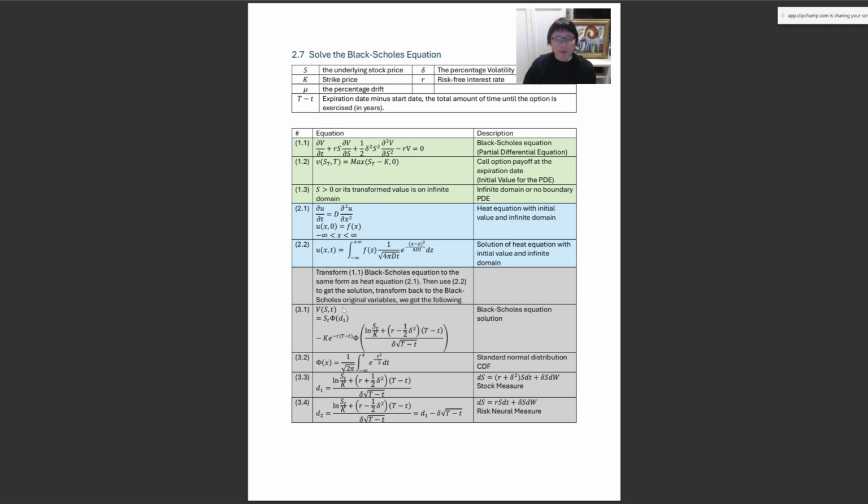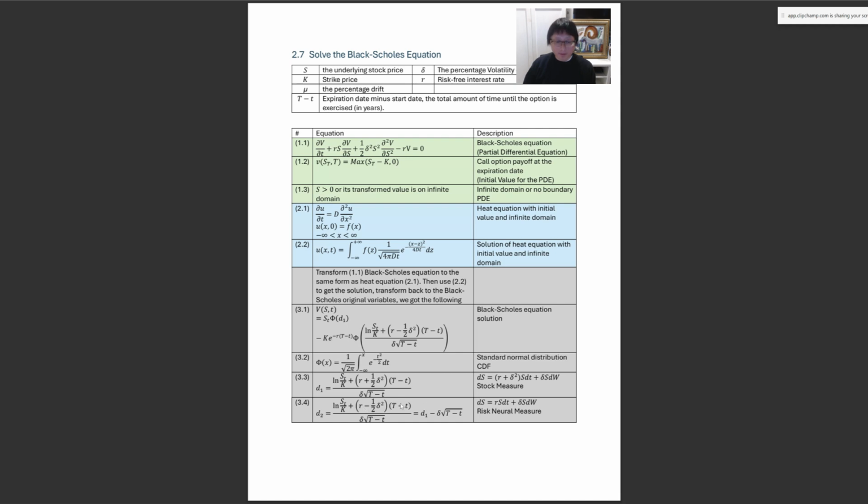The one used for the stock price we usually call D1. The one used in this part for the strike price is called D2. Their forms are here. Let's start with D2. If you watch my video about how to solve the stochastic differential equation for the geometric Brownian motion, you will know that the stock price is lognormal.